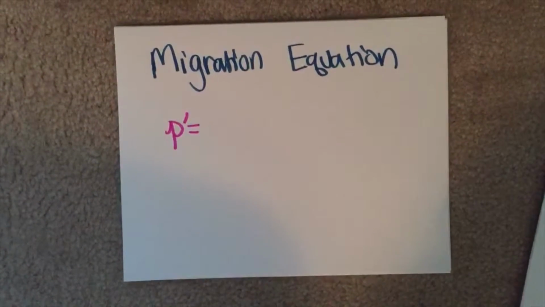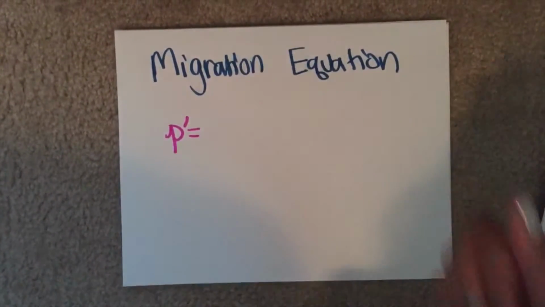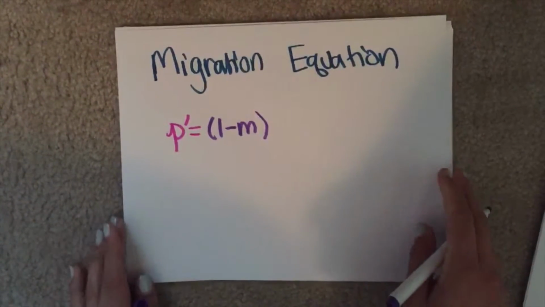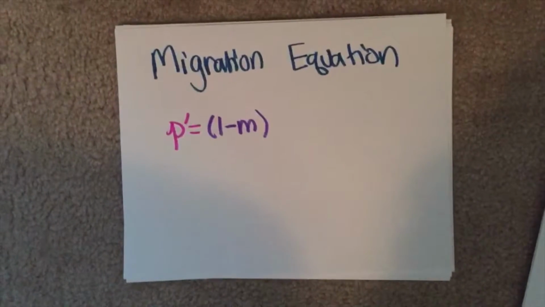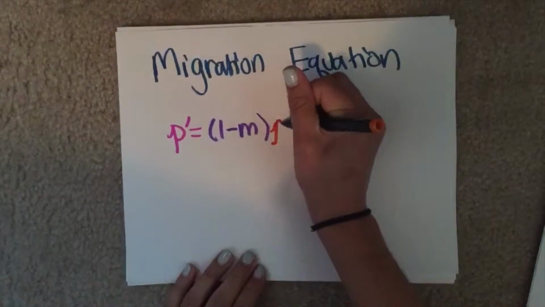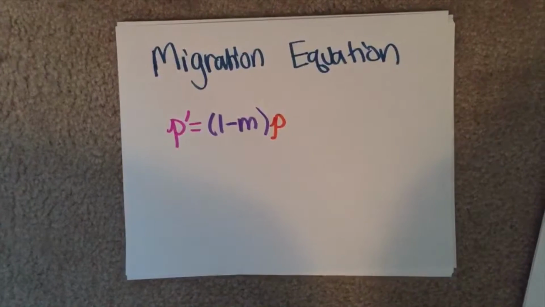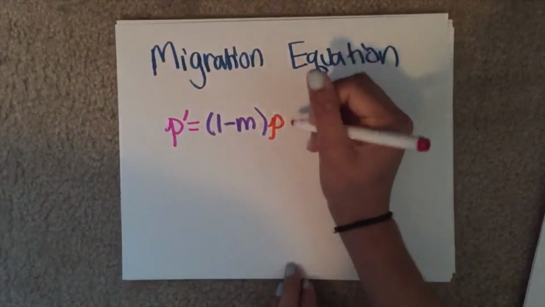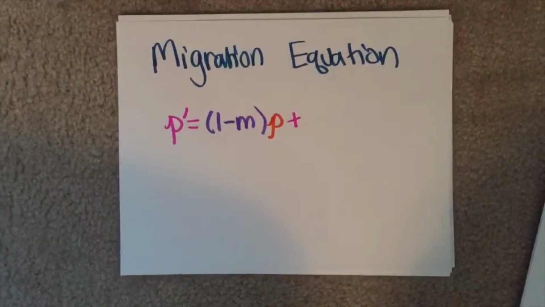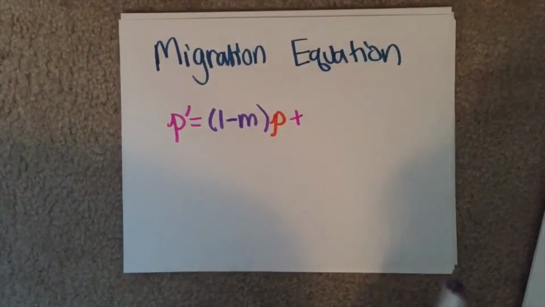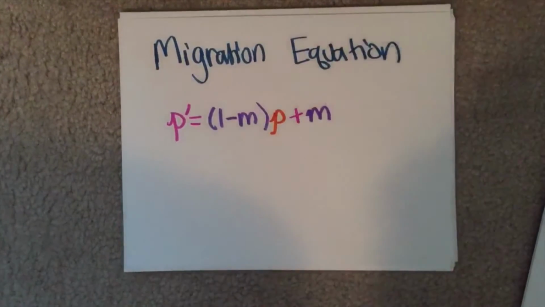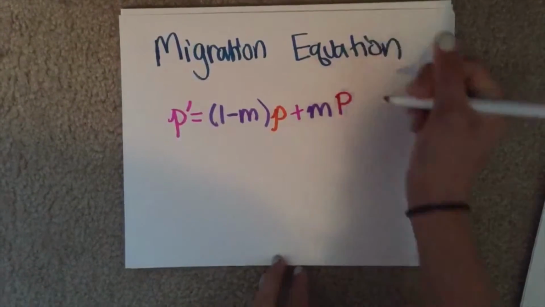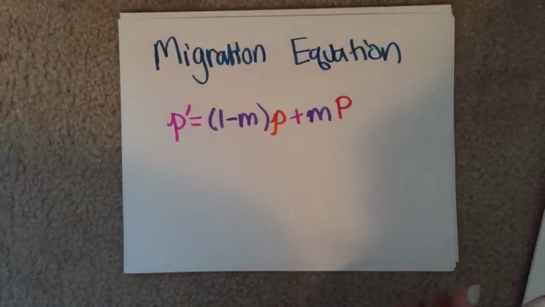Now P prime is equal to 1 minus M, which is the migration rate, times little p, which is the frequency in the non-migrating population, and it's that product plus M, the migration rate, times big P, which is the frequency of the allele in the migrating population.